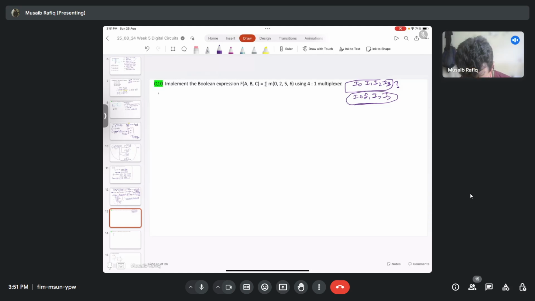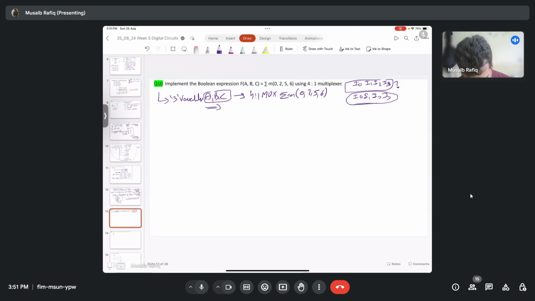So what I have here is three variables A, B, and C, and I have a 4 is to 1 mux to implement the function 0, 2, 5, 6.